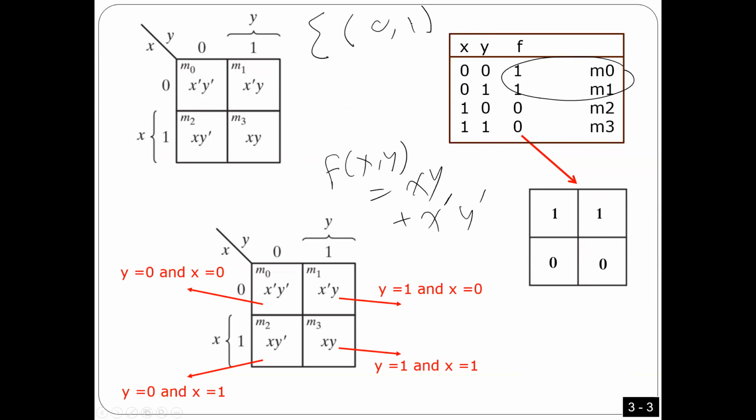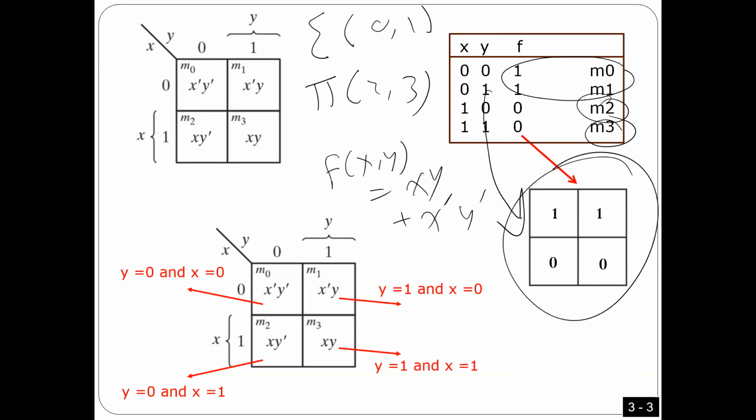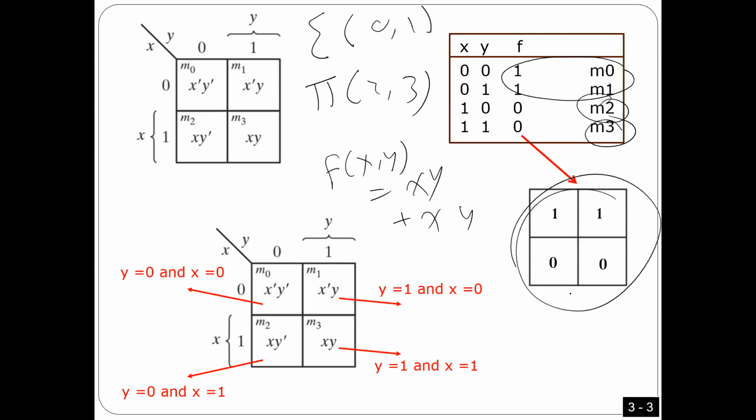Or I can give you the max terms, pi of 2 and 3. So there are different ways to give you the function. Whatever the way I give to you, you have to map the function to the map. I'm going to give you an example. Once you map the function or the truth table to the map, we are going to work on this map to do the simplification.